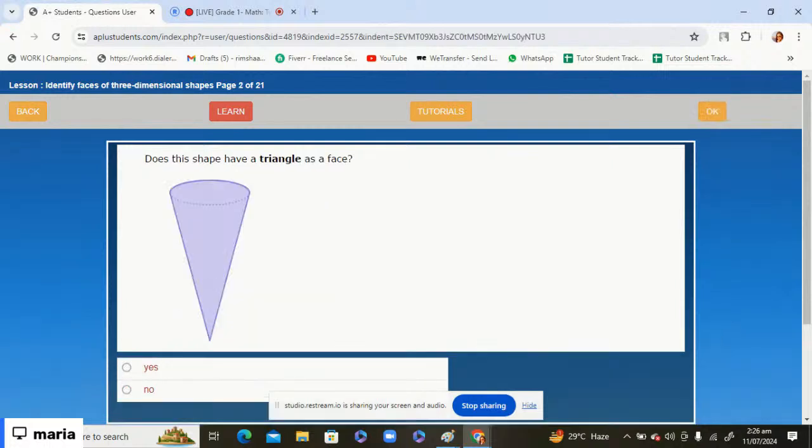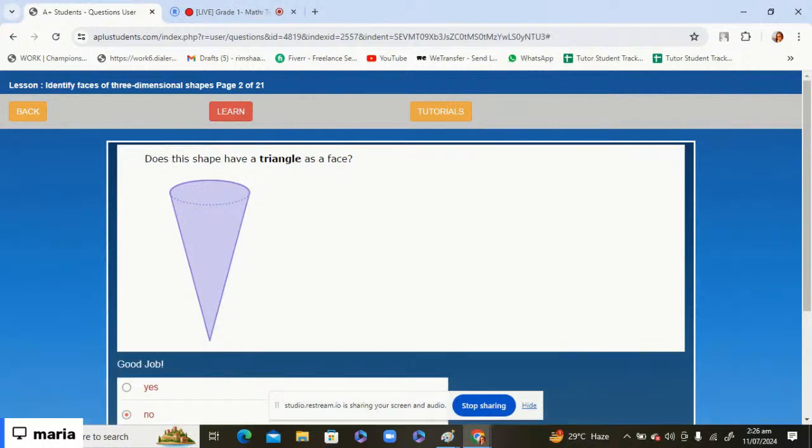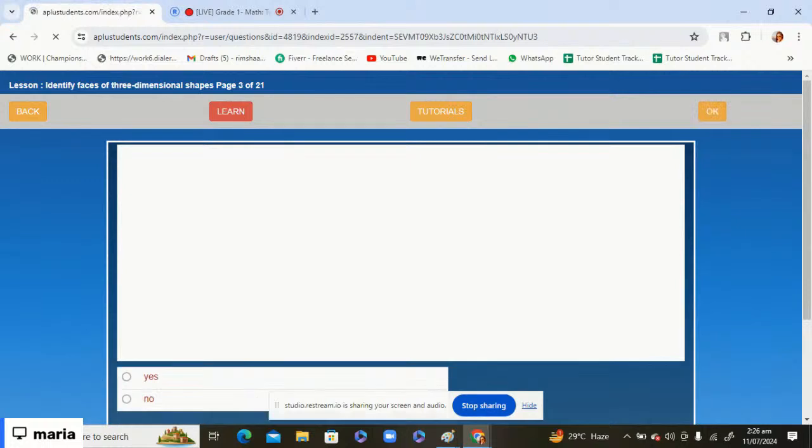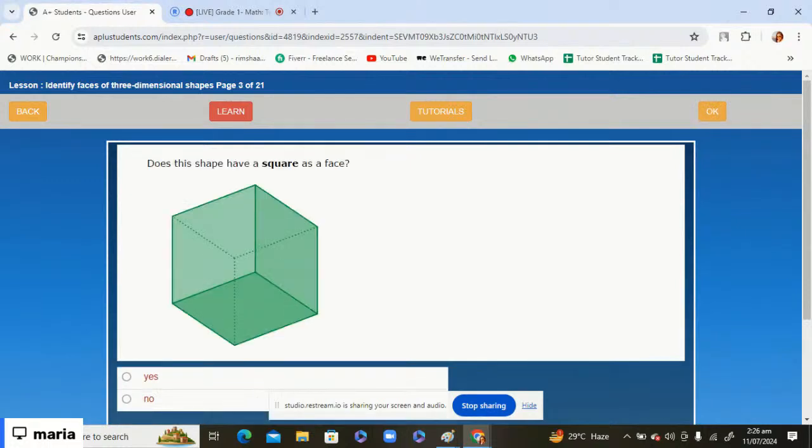Okay, so does this shape have a triangle as a face? We already explained this question. So it's not. Okay, it's the cone shape and the circle shape. There is no triangle. Okay, so look at here. Does this shape have a square as a face? Check it out, this one, and then tell me everyone.